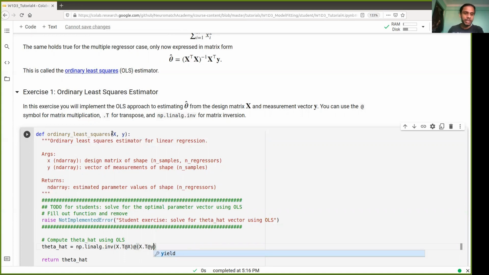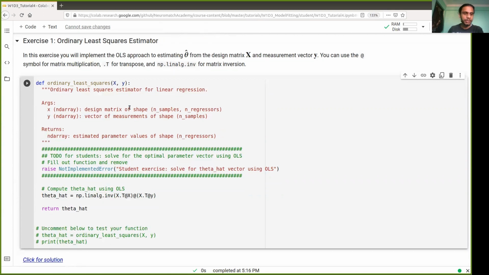So we have a function which takes x and y and gives us theta, right? So yeah, let's comment this code because it will raise the not implemented error. And we'll print the value of theta hat that is estimated.